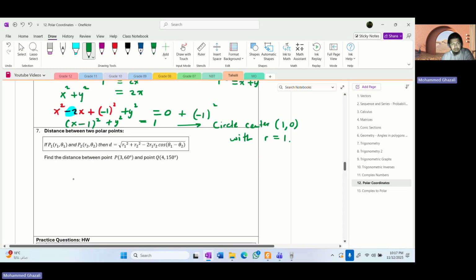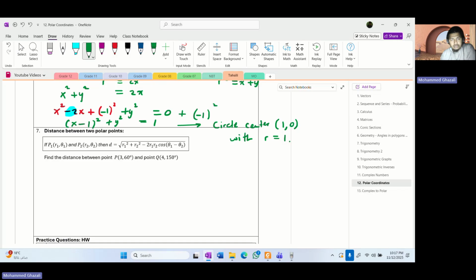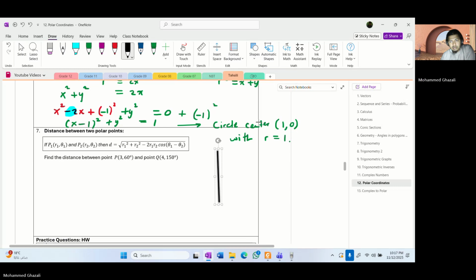Next one. If we want to find the distance between polar point 1 and polar point 2, let me just draw a brief diagram to explain this. Let me take a polar point P1 here and P2 there, right?